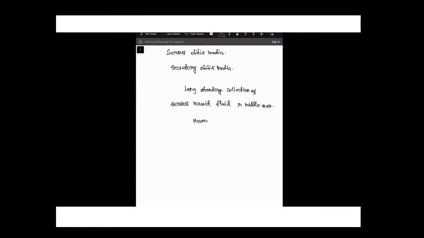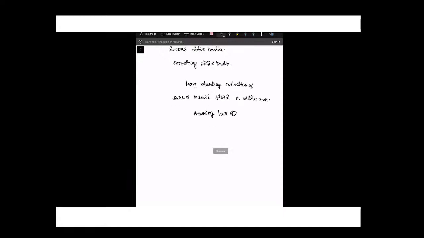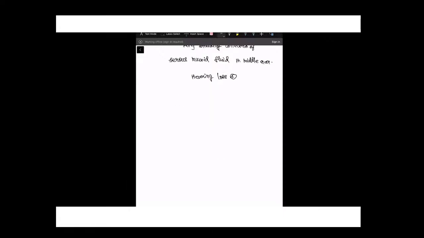There is hearing loss present, and fluid filled in the middle ear can be seen.